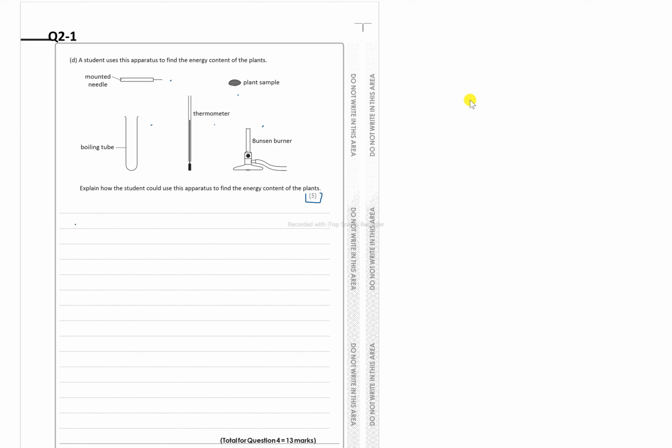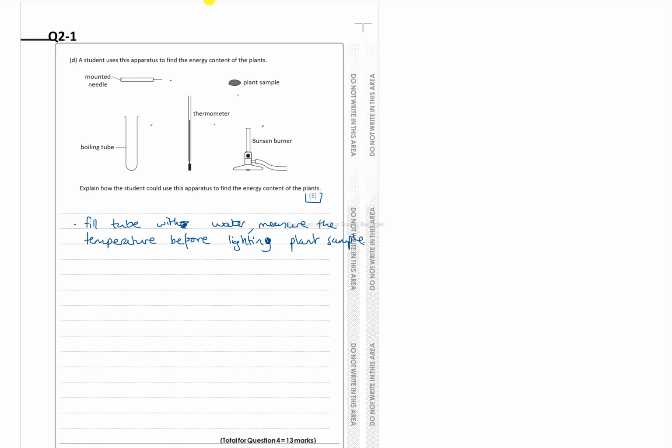Right, first of all, fill the tube with water, measure the temperature before lighting the plant sample.